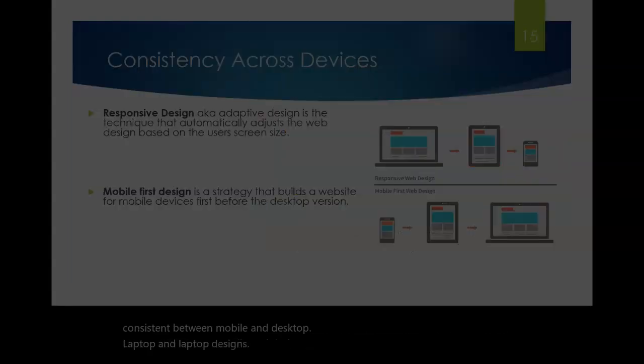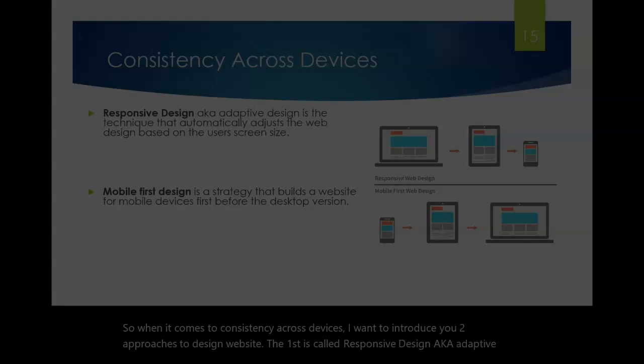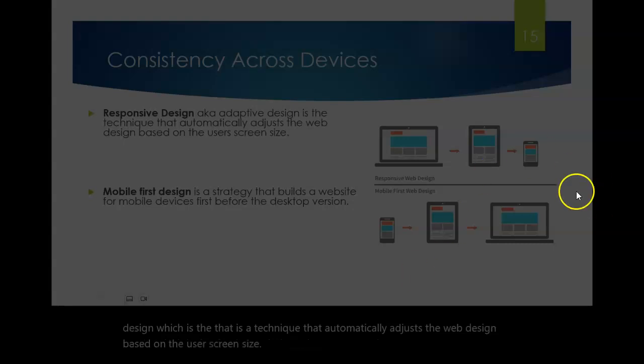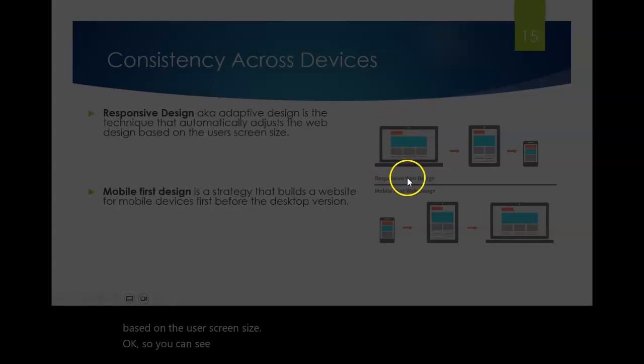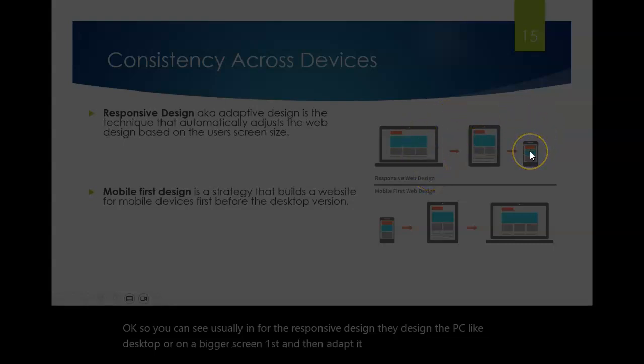So when it comes to consistency across devices, I want to introduce you two approaches to design websites. The first is called responsive design, aka adaptive design, that is a technique that automatically adjusts the web design based on the user's screen size. Okay, so you can see usually for the responsive design, they design the PC like a desktop or on a bigger screen first, and then adapt it to the smaller screen.